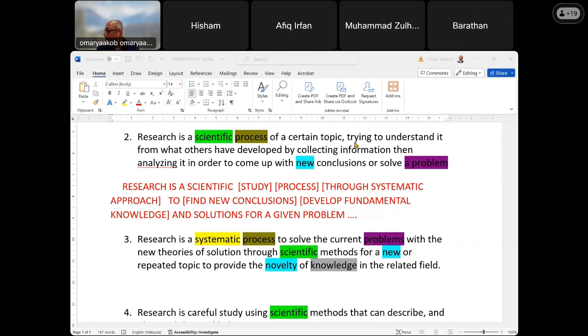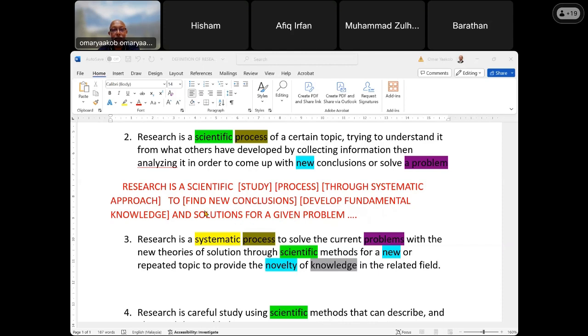So I think that to find new conclusion is already at the second part of the sentence: solution for a given problem. So there's no need to find new conclusion. Is my line breaking? No, it's actually already given, find new conclusion, which is better. But the find new conclusion is already at the solution part.